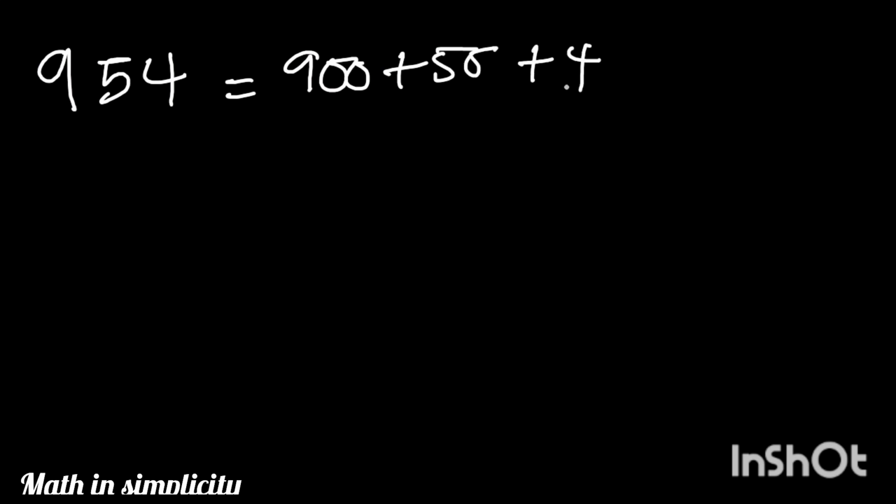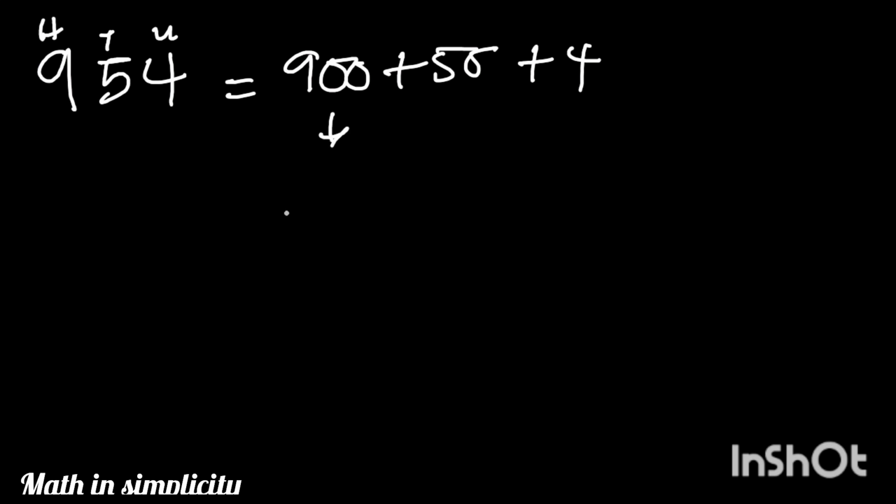Alright, let's try one more problem. What if we have, for instance, 954? Or rather, I wanted us to go from Roman numeral to ordinary number, but since I've already written it out, let's just do that quickly. 900 plus 50 plus 4, because the place value of 5 there is tens.